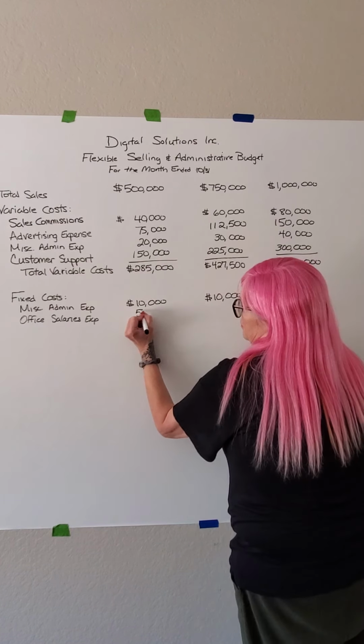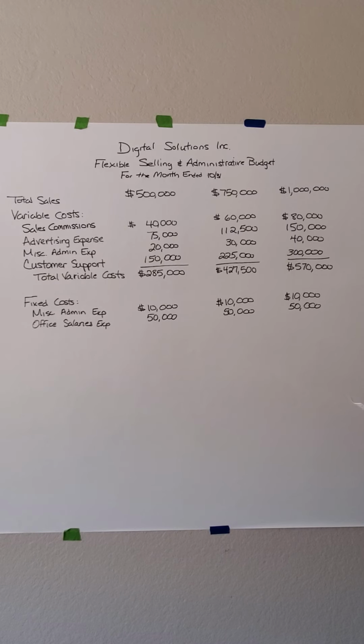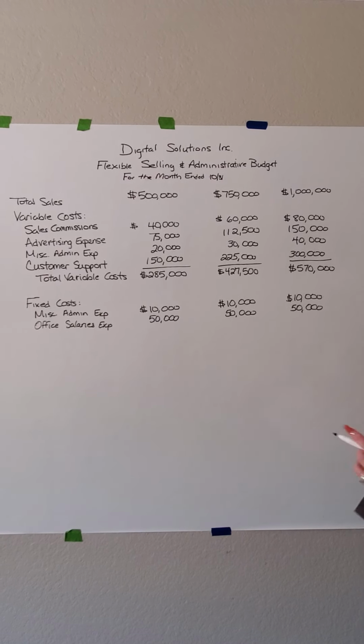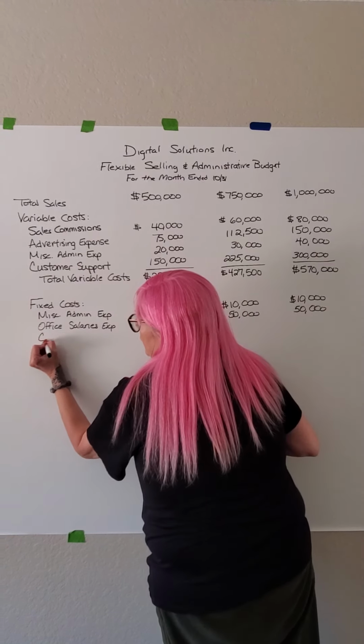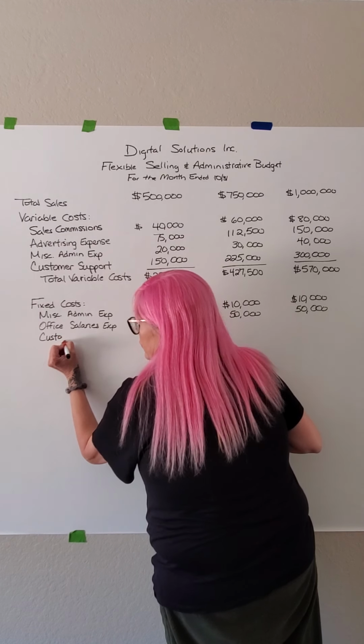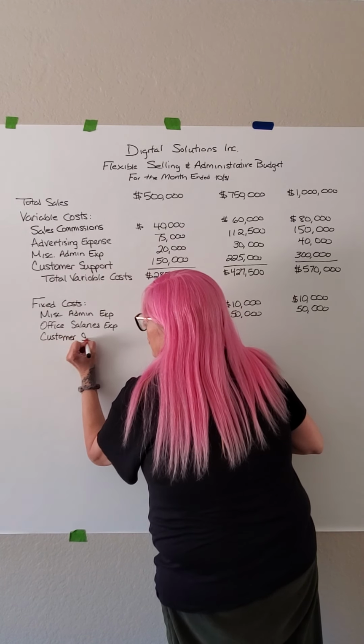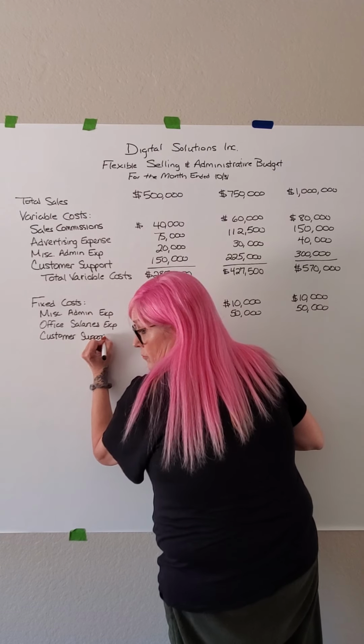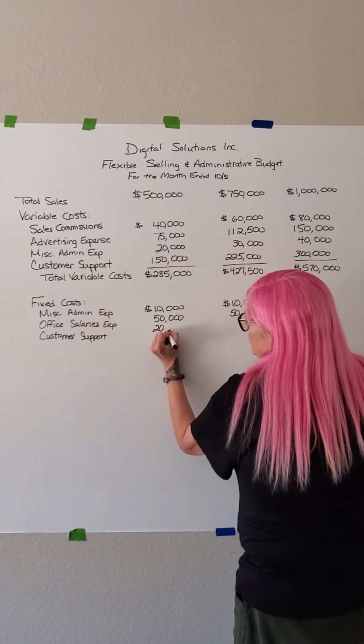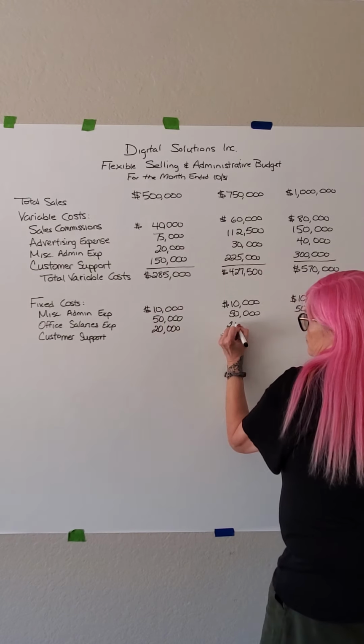The third fixed expense that we have is customer service or customer support, and that's $20,000. And the final fixed cost that we have to look at is research and development, and that's $75,000.